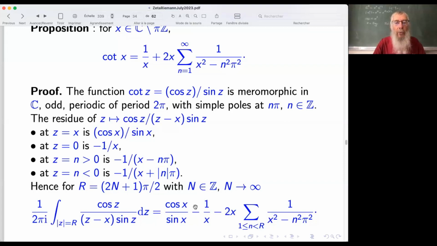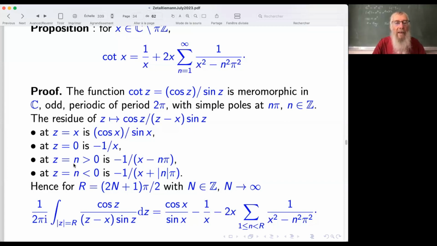And now we need to know what are the residues of this function. The poles are at z equal x, at z equal 0, and at z equal n, positive and negative. At z equal x, we have the cotangent, cosine x divided by sine x. At z equal 0, we have 1 over x, minus 1 over x for the residue.